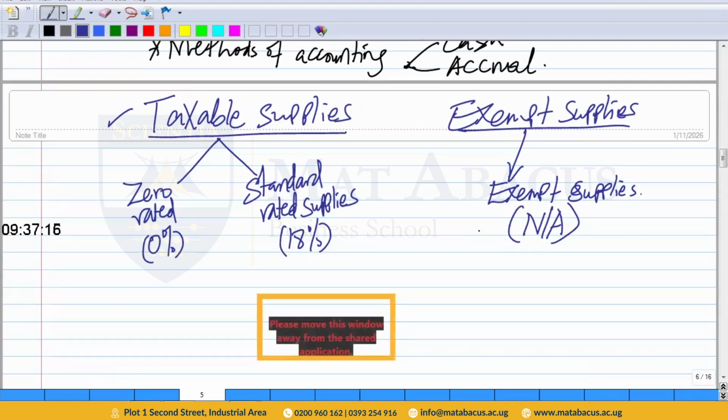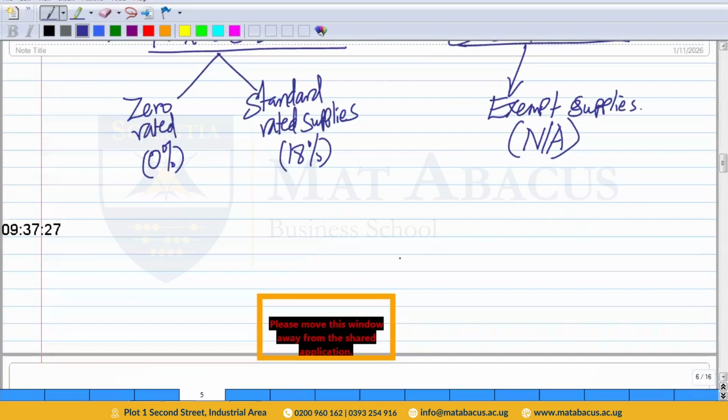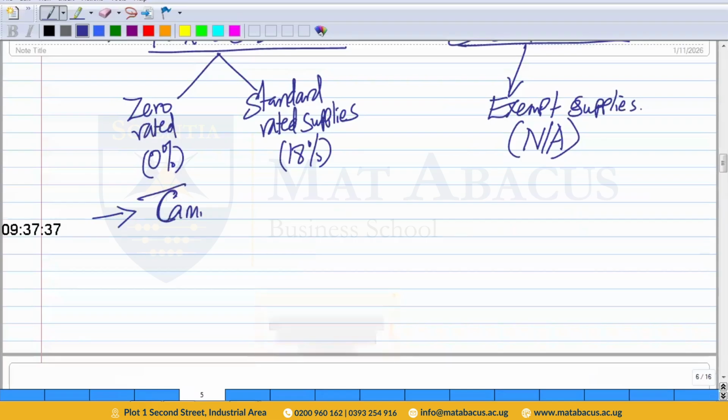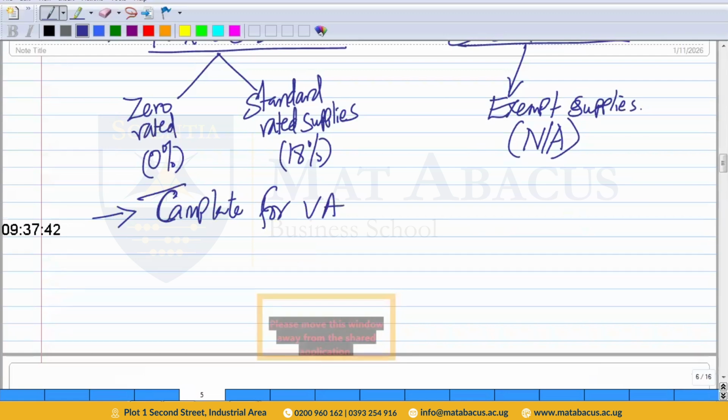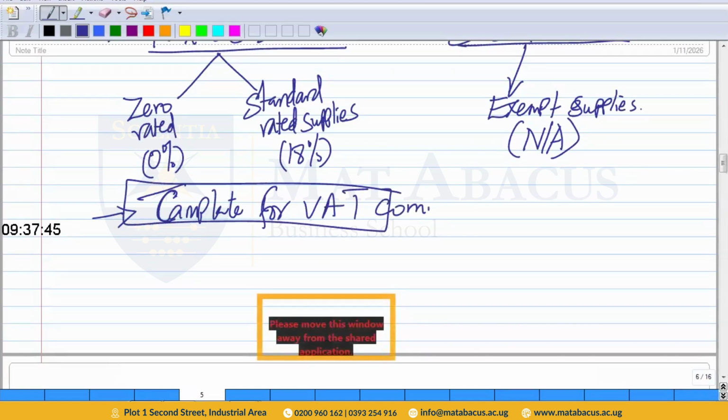We shall see how we tax taxable supplies and how we handle exempt supplies. We shall also look at the template for VAT computation, because this normally disturbs students.